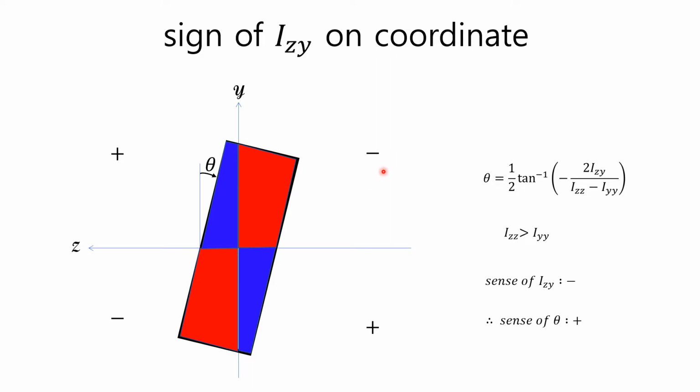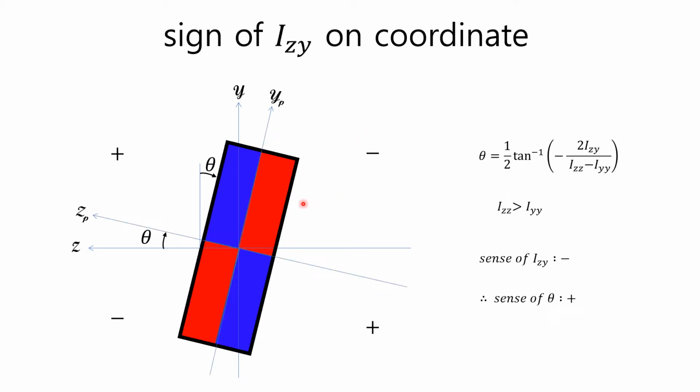When the principal axis is tilted to the right, less than 45 degrees, as shown in this picture, if we calculate theta, we can see the sign of theta is plus when Iz is greater than Iy and Izy has a negative value. It can be seen that the principal axis is located clockwise from the reference axis.